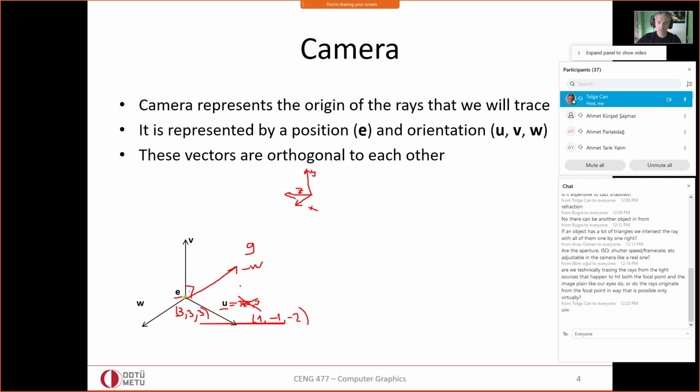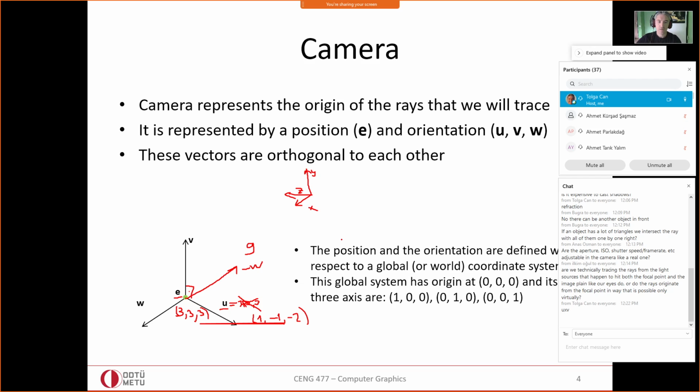Another thing that I need here is the position and orientation. These are all given in the global coordinate system, whose origin is always 0, 0, 0. The x-axis is the 1, 0, 0 vector, the y-axis is the 0, 1, 0 vector, and the z-axis is the 0, 0, 1 vector.